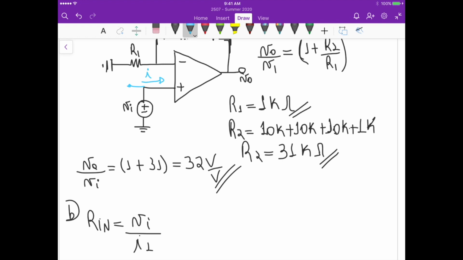Now if you remember, for an ideal op amp, there's no current entering or leaving the non-inverting or inverting input ports, right? So no matter what the value of Vi is, unless it's 0, but then there's no amplification happening, this current here is 0.